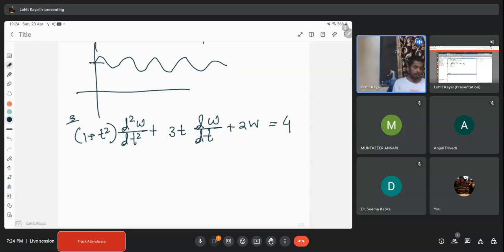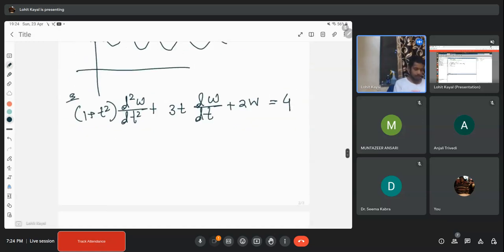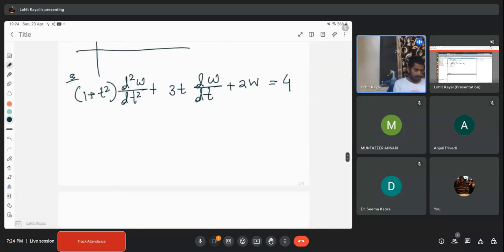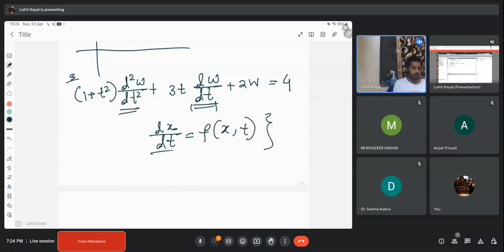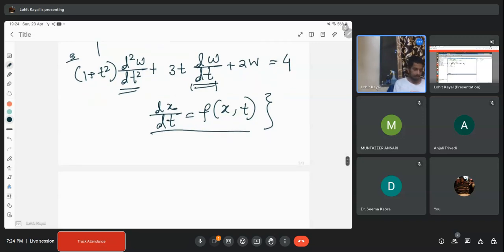Now we need to solve this using ODE45. We cannot solve any problem in numerical computation directly in this form. Numerical ODE only works for dx dt equal to f of x, t, which we have discussed in the last class. So we need to convert this equation to this form. Only then we can proceed.